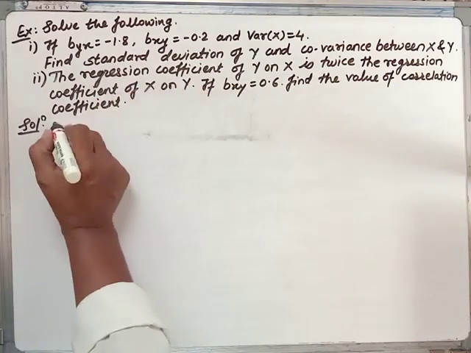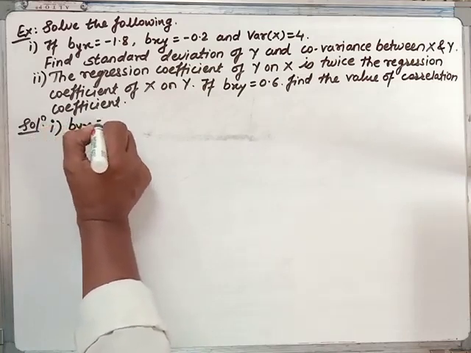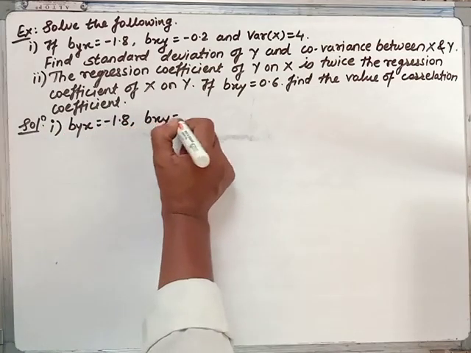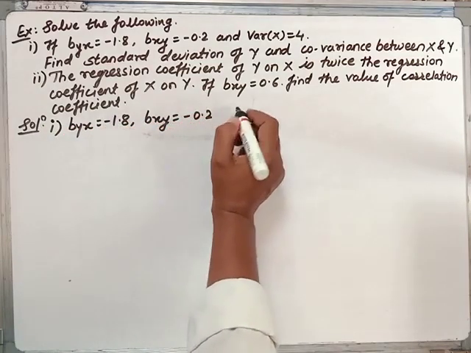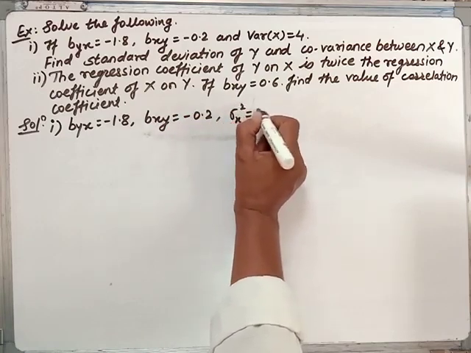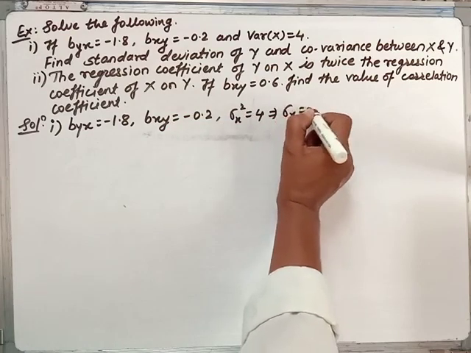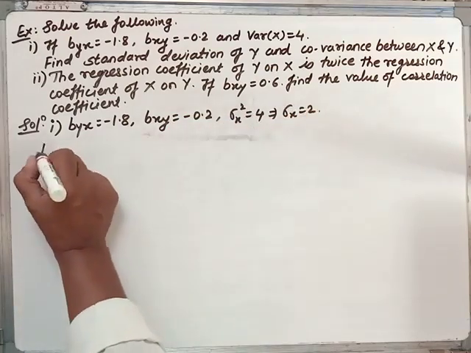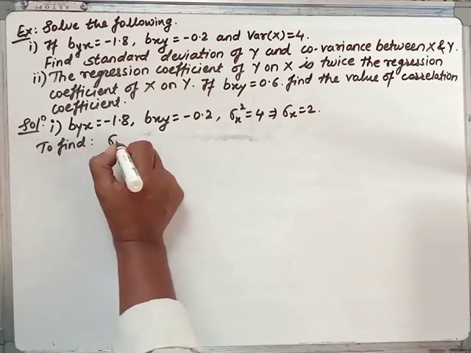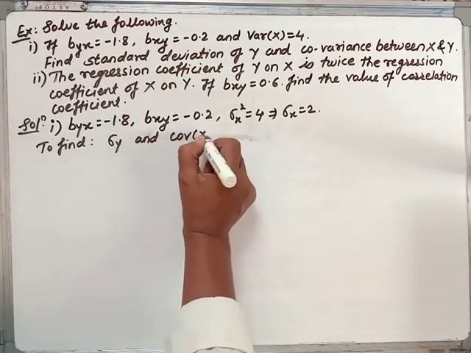Okay, a simple thing. So now first one, byx is minus 1.8, bxy is minus 0.2. What is with us? Variance of x, that is sigma x square, that is 4. So sigma x is 2. Okay, now we have to find sigma y and covariance between x and y.